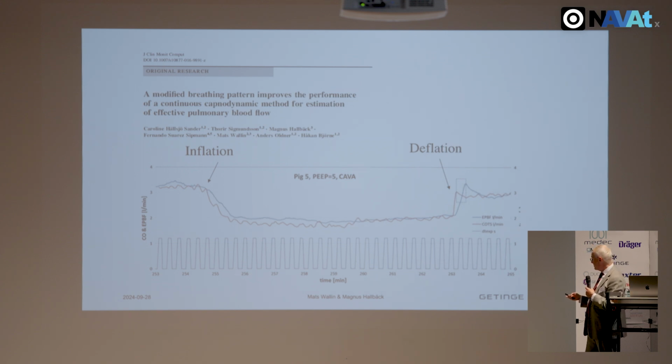You inflate the balloon and promptly decrease preload, and then you see the response time compared to the transonic probe, which is the red one, the effective pulmonary blood flow. It's slightly slower, but still very rapid. And when they do the deflation, it also recovers very quickly.